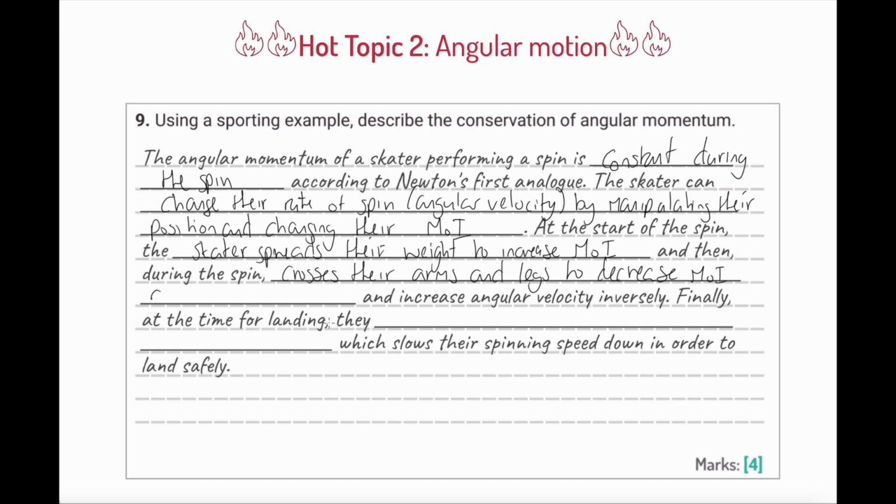Finally, at the time for landing, they spread their weight again to increase MOI, moment of inertia. Now again, you might be thinking, what is this moment of inertia thing? I'm going to explain it to you, which slows their spinning down.